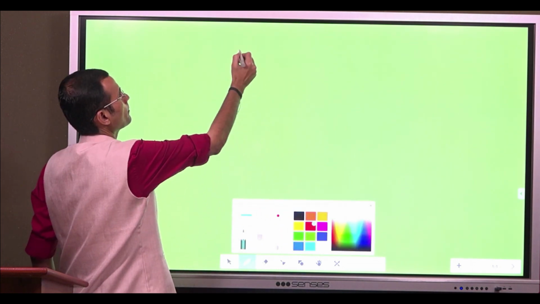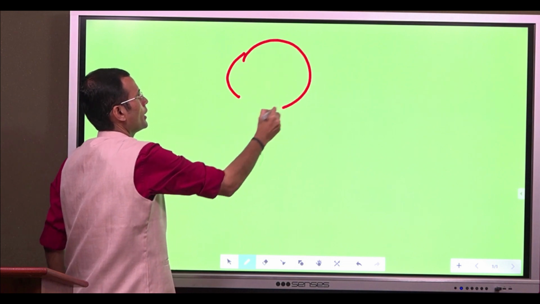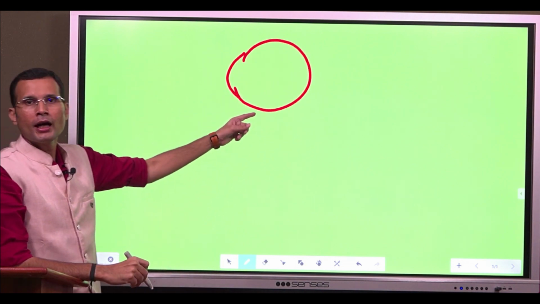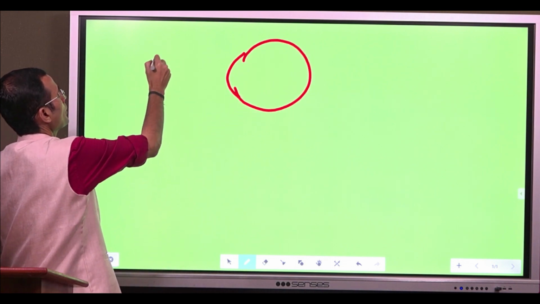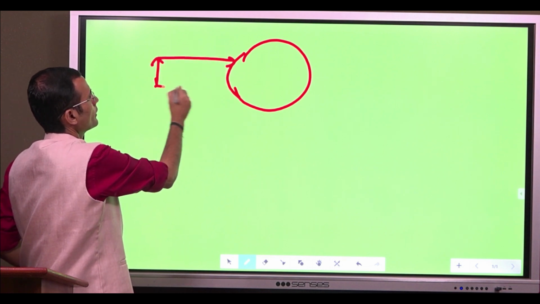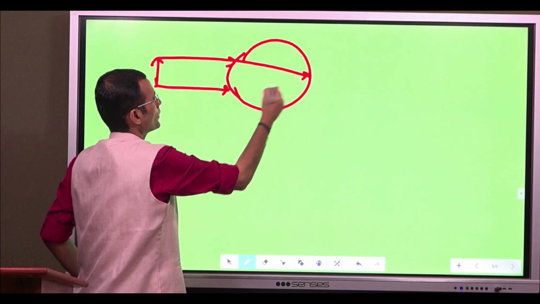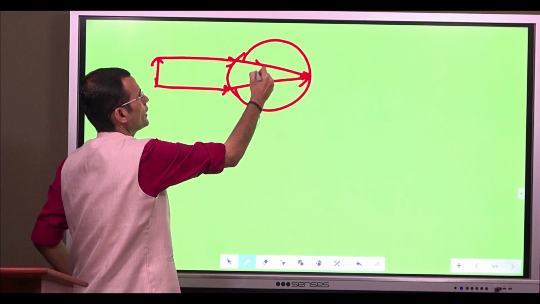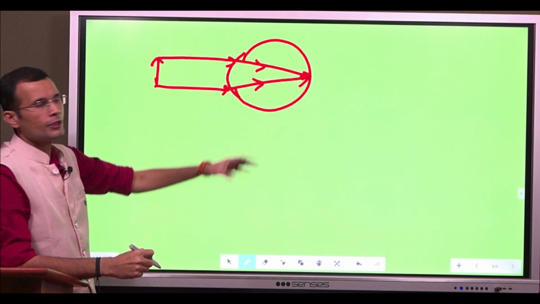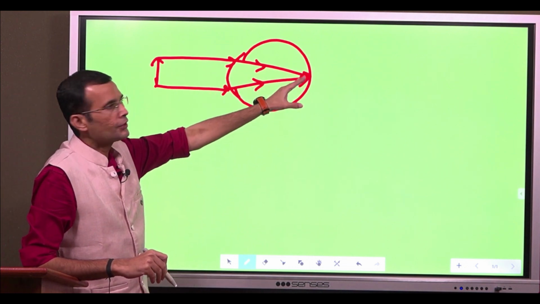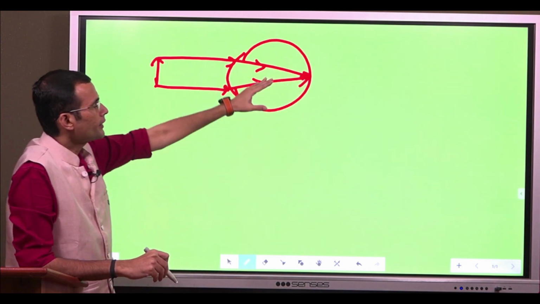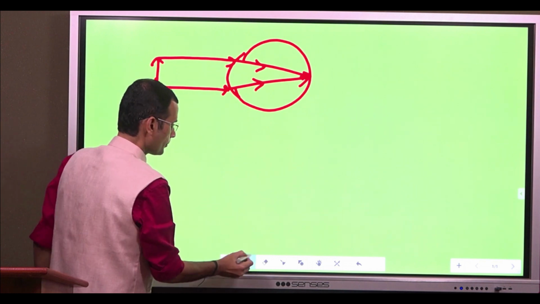So myopia, let's say this is a normal eyeball, distant object, this is just a diagrammatic representation, image formation on the retina. These are the light rays which, after refraction, have one point of focus and they form the image on the retina.